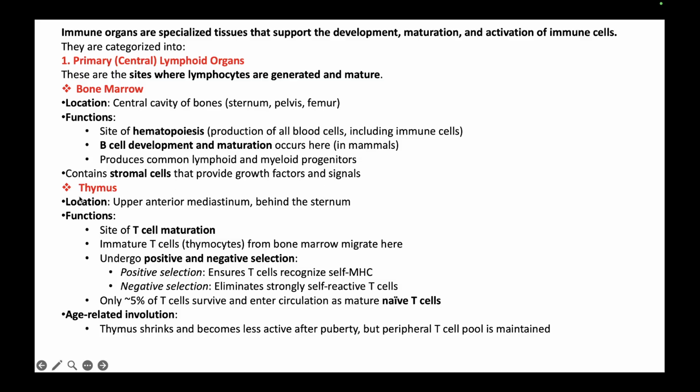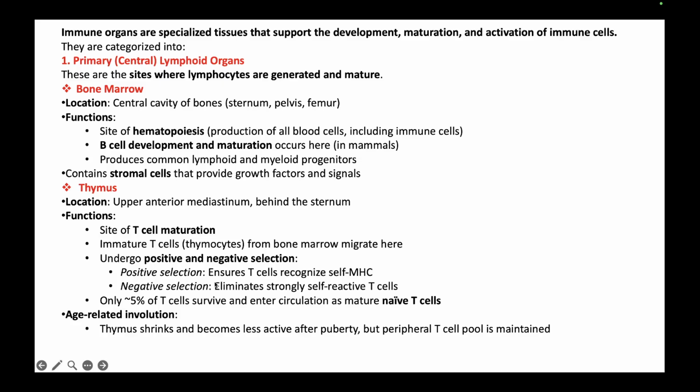The thymus is located in the upper anterior mediastinum, behind the sternum. Its function is as the site of T cell maturation. Immature T cells, called thymocytes, migrate here from the bone marrow and undergo positive and negative selection. So what are positive and negative selection?